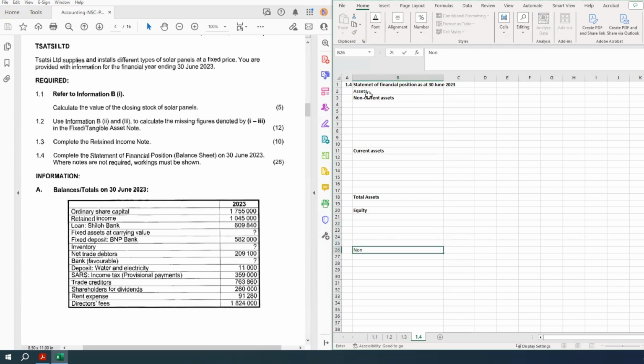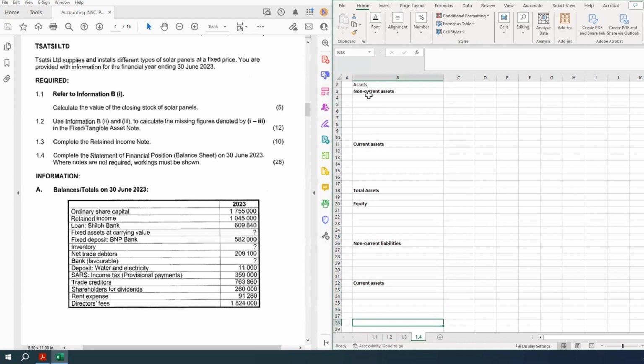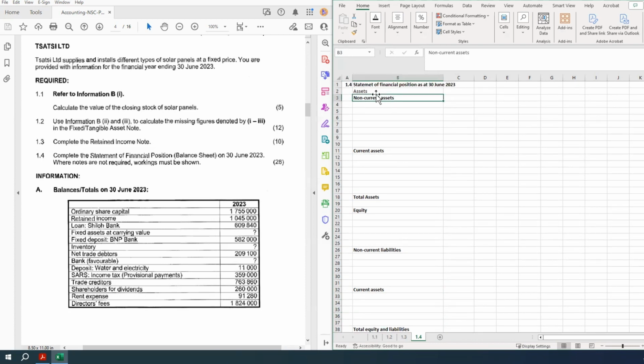And non-current liabilities. And then lastly, my current liabilities. Right. So that's just the structure that I can start off with.